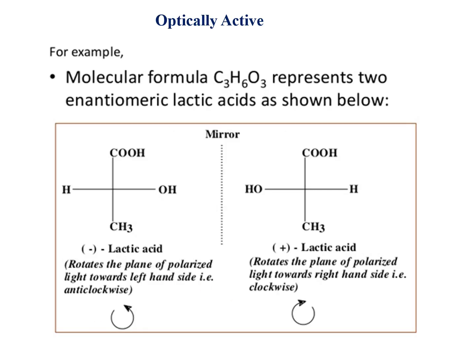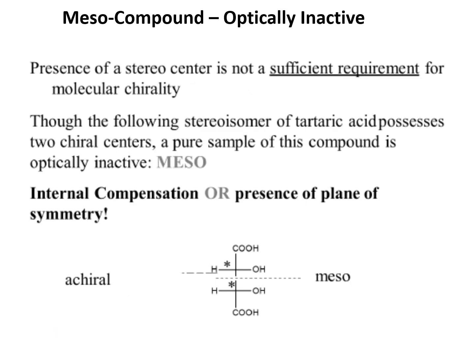For example, the molecular formula C3H6O3 represents 2 enantiomeric lactic acids. One is D-lactic acid, the other one is L, or one is plus lactic acid, the other one is minus. We have seen this already, so I am skipping this slide.